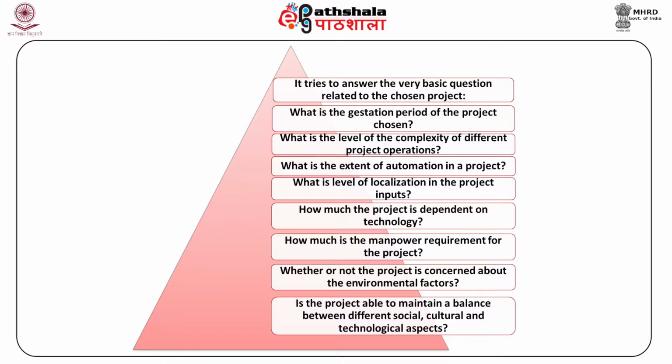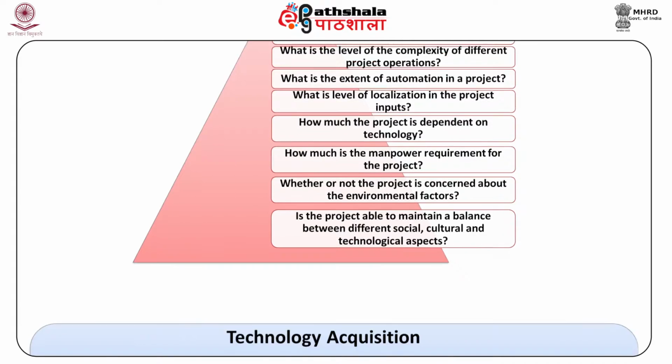How much is the project dependent on technology? How much is the manpower requirement for the project? Whether or not the project is concerned about the environmental factors. And lastly, is the project able to maintain a balance between different social, cultural and technological aspects?